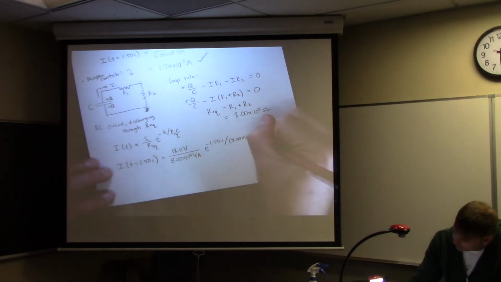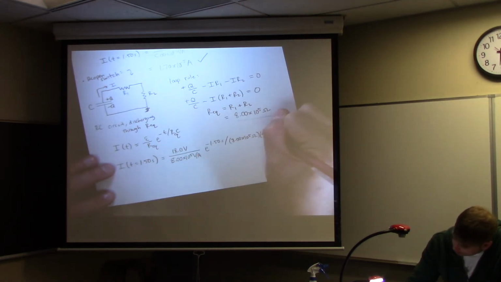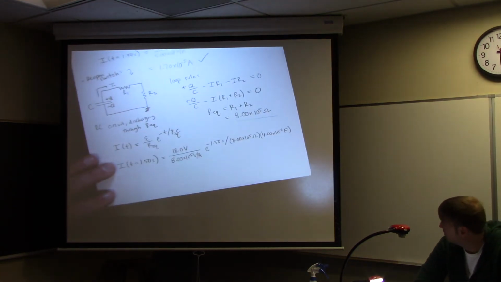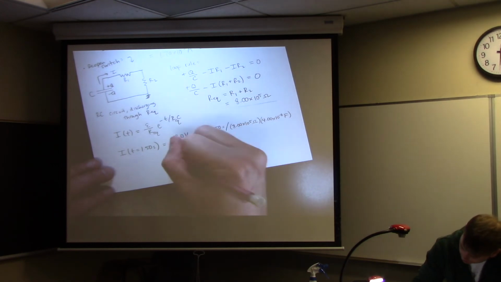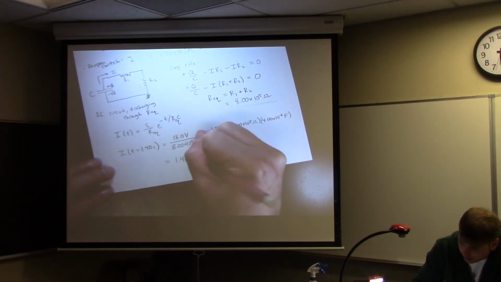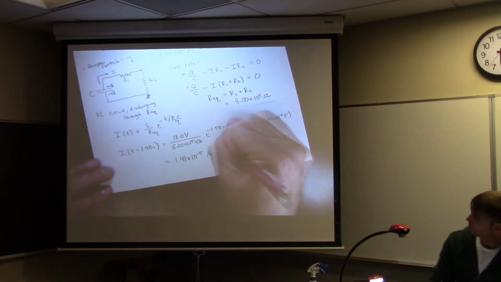Okay, and then it's 8 times 10 to the 5 up in the exponent times 4 times 10 to the minus 6 for the capacitance. All right, so crunch these numbers, and what you get is 1.41 times 10 to the minus 5 amps.